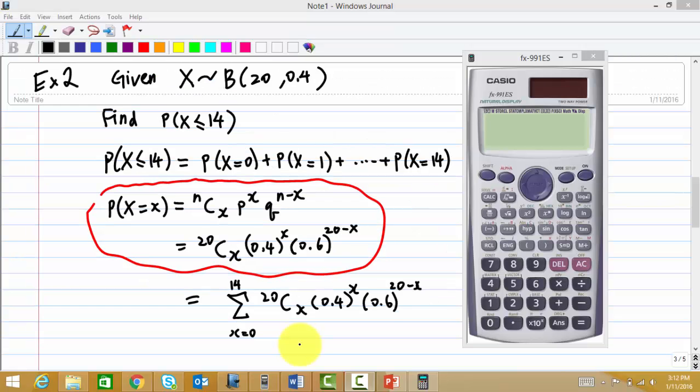The following is a demonstration of how to use the fx-991ES to calculate the cumulative probability of X less than or equal to 14.